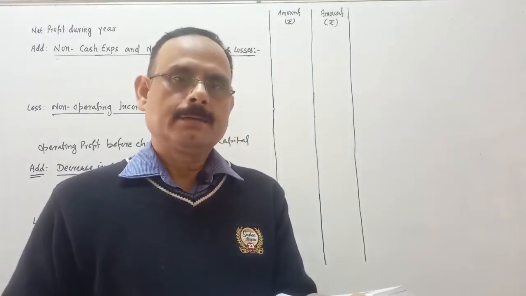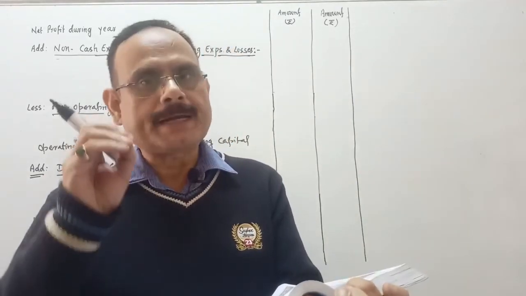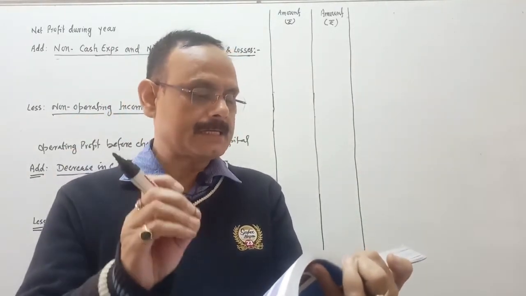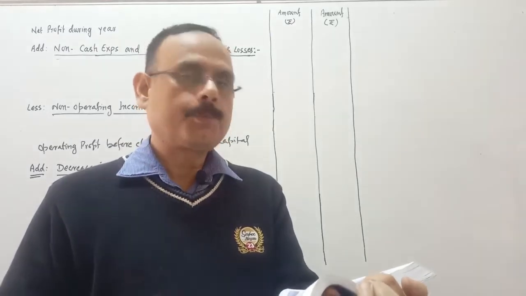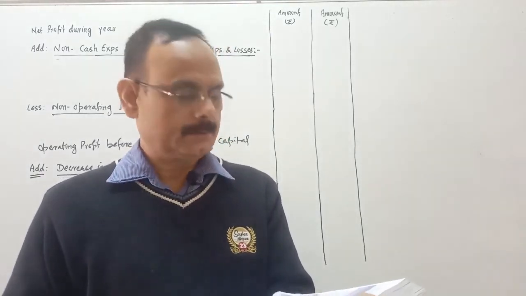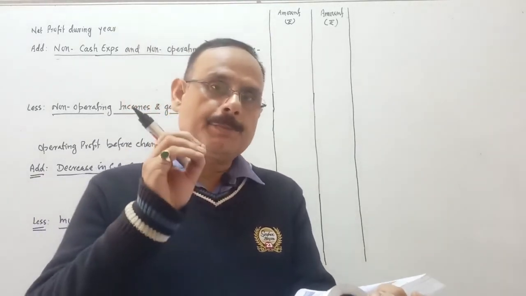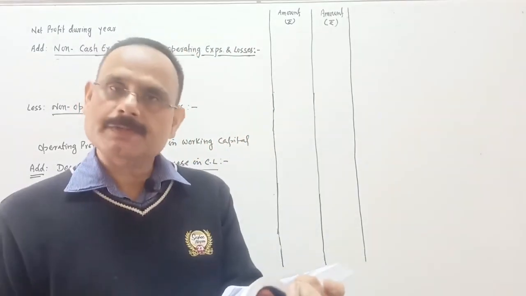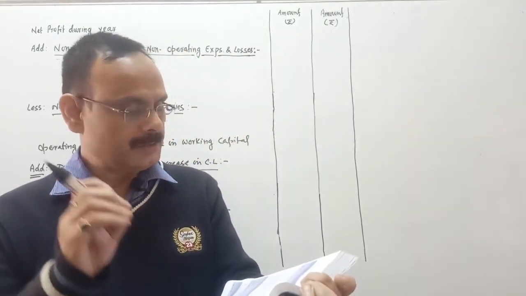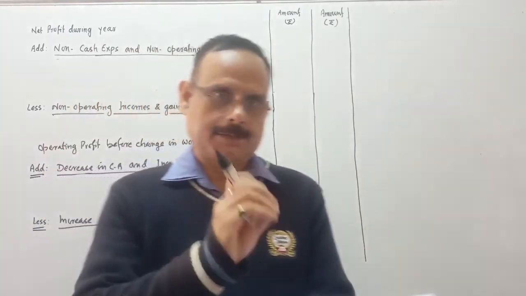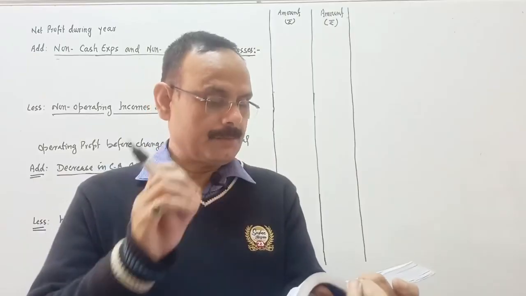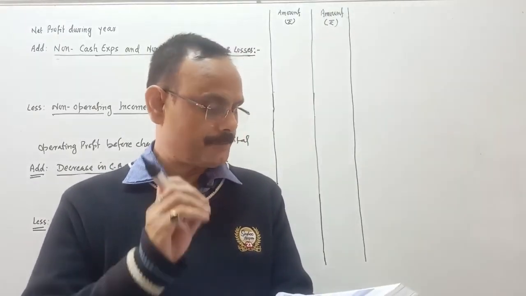Z Limited made a profit of rupees 20 lakhs after charging depreciation of rupees 1,50,000, writing off preliminary expenses rupees 10,000 and loss on sale of assets rupees 30,000. Other information available to you are as follows.